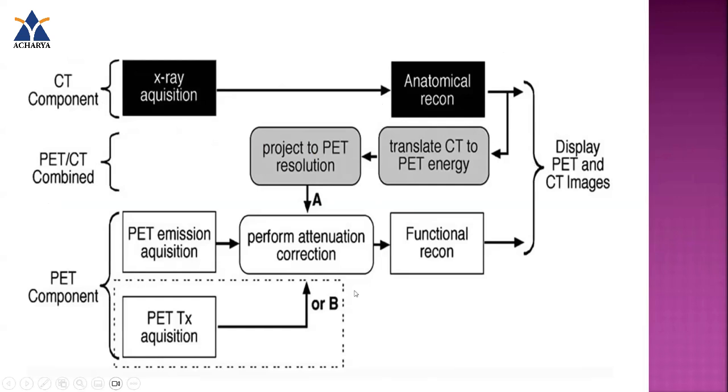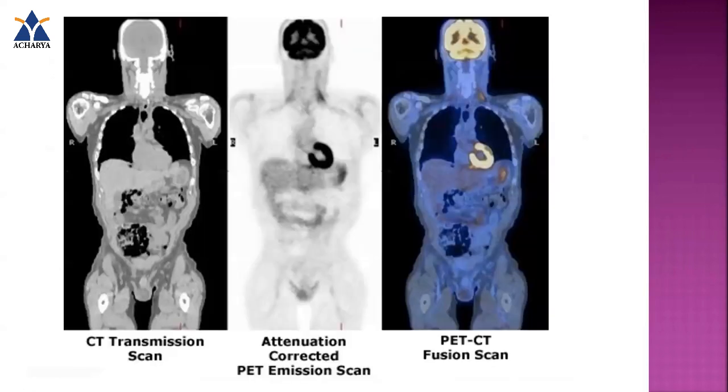There, the combination of these raw data by the computer and the image reconstruction algorithm forms a fused or hybrid image, which shows both the anatomical part and the physiological part in the case of PET.